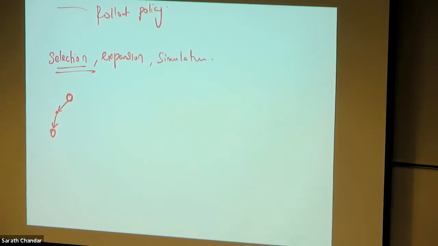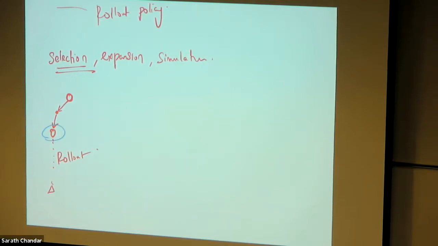What do I mean by that? I'm going to do rollout here until I reach the end of the episode. I'm going to do many rollouts from this particular state.